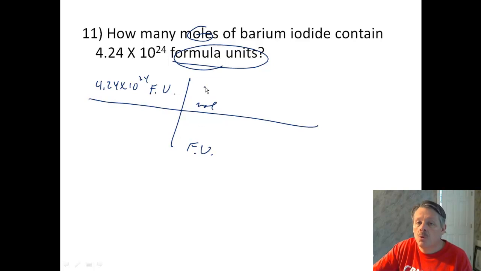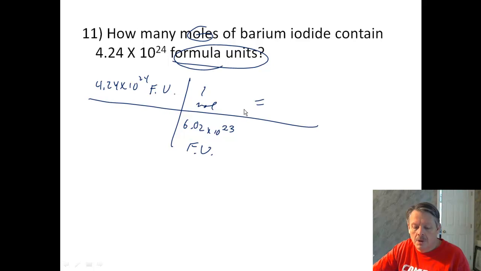And for 1 mole, there are 6.02 times 10 to the 23rd formula units. Right? And you might think of these as molecules. They're really not because they're ionic, but we still use the term formula units. And if you do your math right on this one, you're going to come up with 7.04 moles of barium iodide.